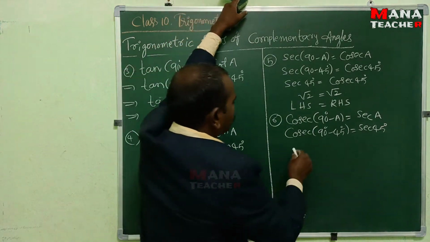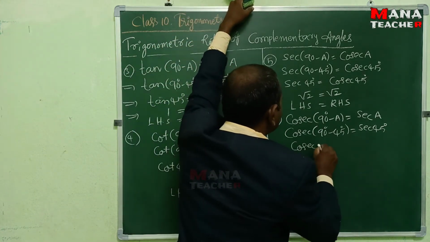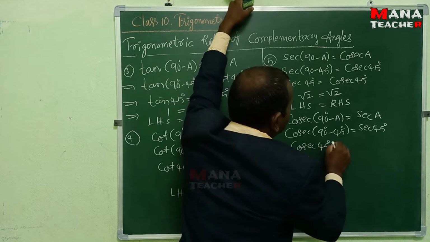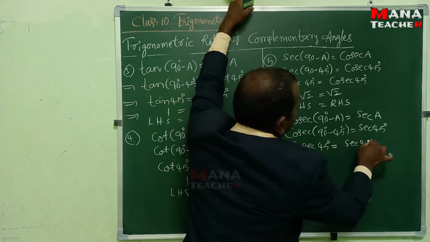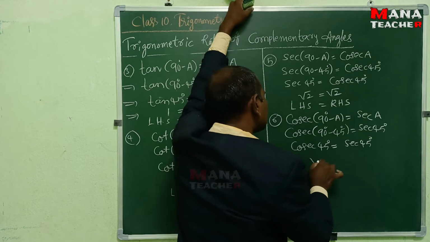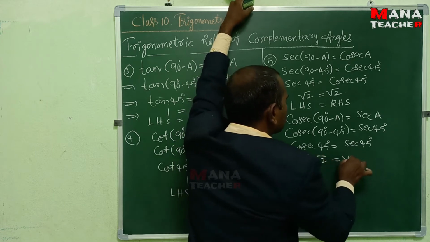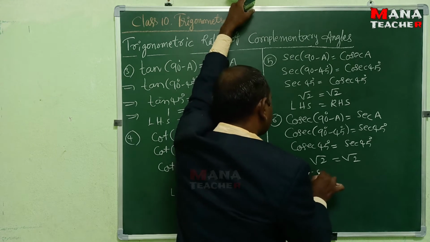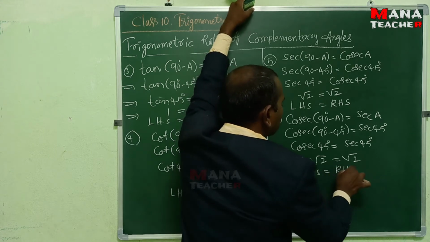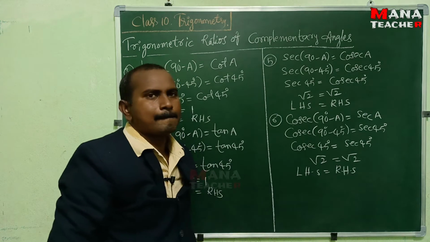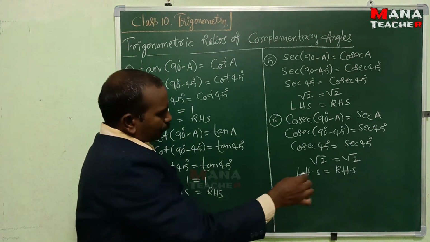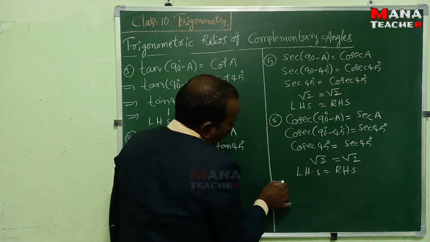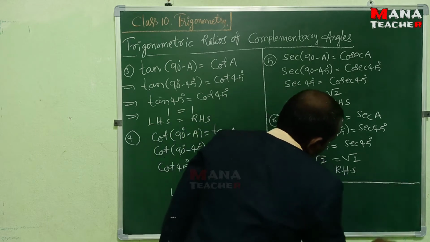Now cosec 45 equals sec 45, root 2 equals root 2. So LHS equals RHS. Actually, up to here this is satisfied for all ratios.